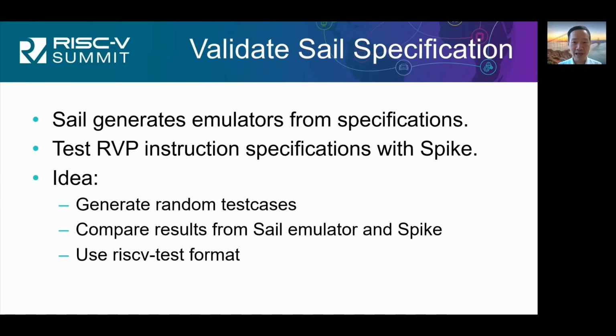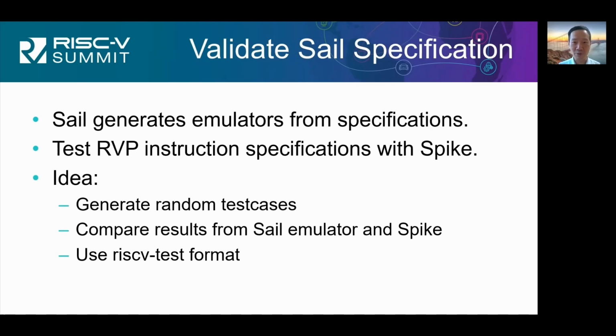So we actually developed a technique to validate our specifications. So the idea is we use the simulator Spike to get answers for each instruction, and then we compare the answers with our specification. Okay, so the idea is we generate random test cases, and then we get the result from Spike.